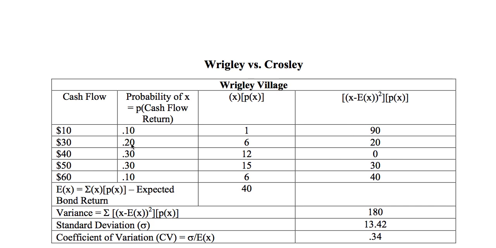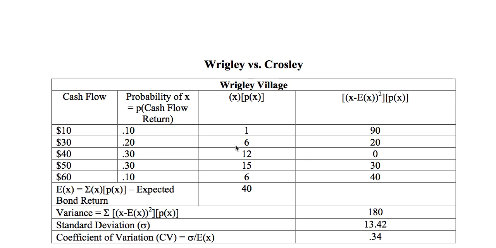Once again, let me repeat that. We take the cash flow from the first possible scenario, 10, and subtract our expected value. 10 minus 40, we square that, that's 900, and we multiply that by the probability of this cash flow, which gives 90.